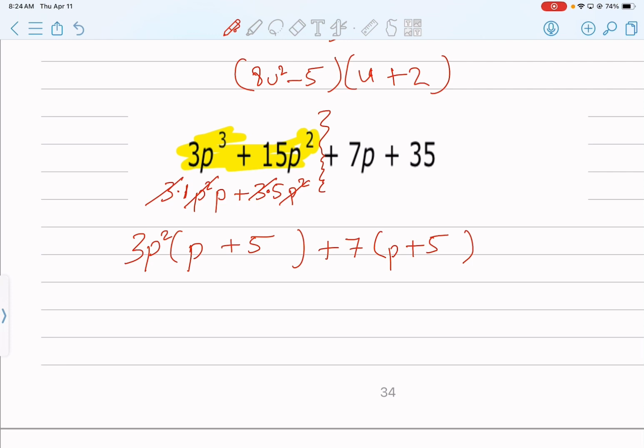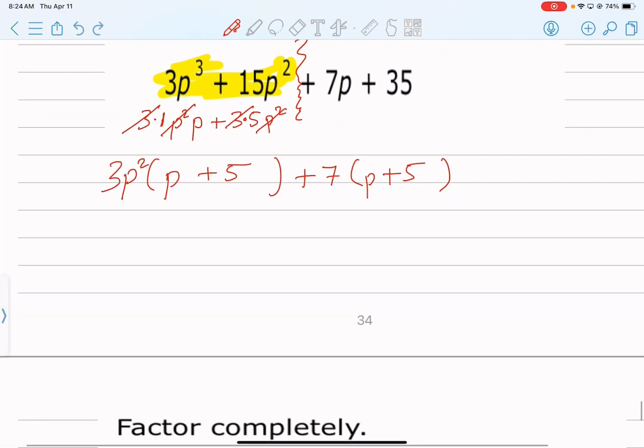And how do you know plus 7 goes there? Check it. And how do you check it? You distribute, but you're not really doing it. You just distribute it. Am I making sense? Yes. You distribute it. Got it? Yes. But you're not really distributing, you're just using it to check it.